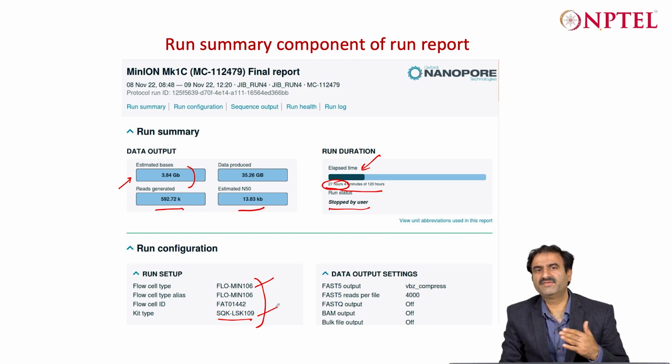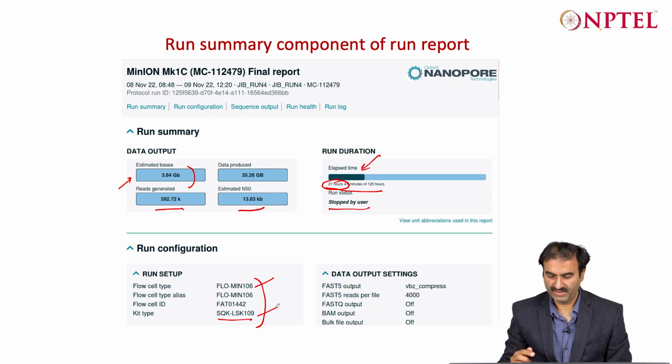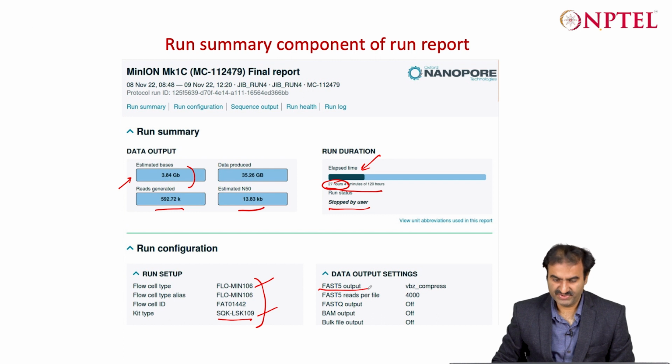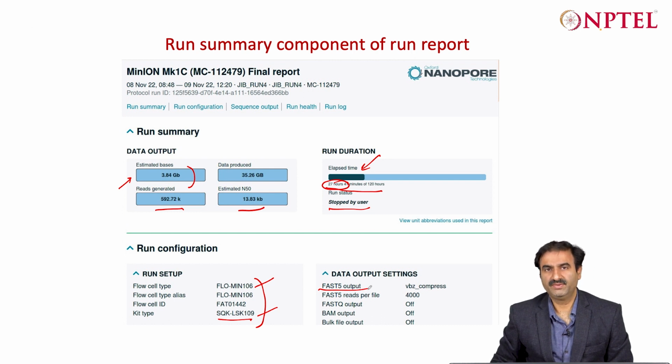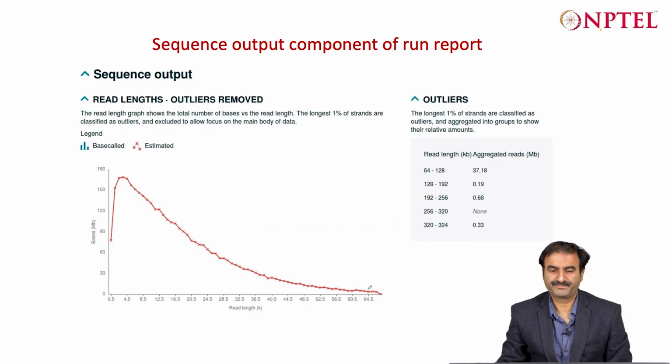In that case the compatibility is not an issue, right? But if you already have a leftover flow cell or reaction, then you have to see whether the new flow cell or the library preparation kit that you are buying are compatible or not. Okay, and it provides the data as fast5 output, which you have to use for the base calling.